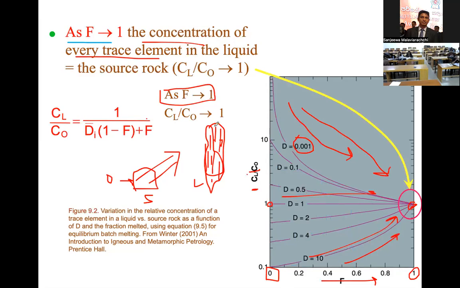But remember, this never happens in natural systems because you can never melt everything to 100%. You need an enormous amount of heat that is not possible to generate. So this doesn't happen, but theoretically it can be like this.